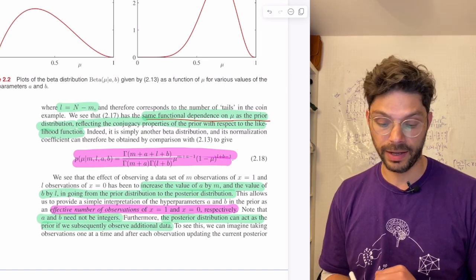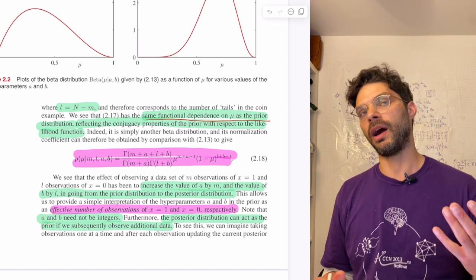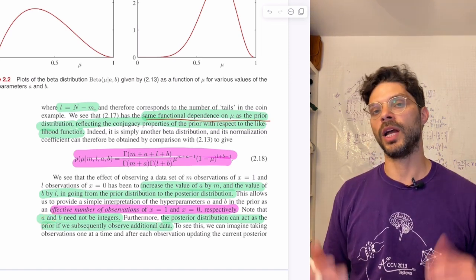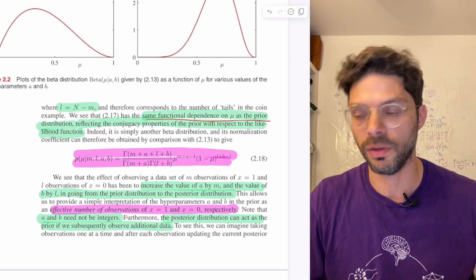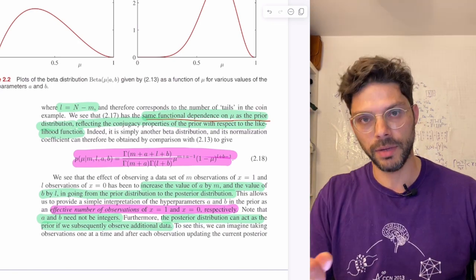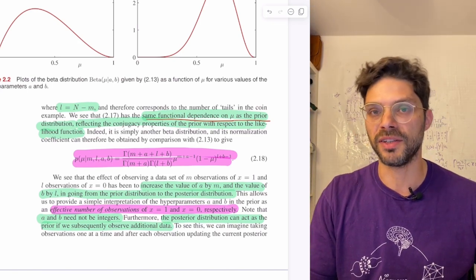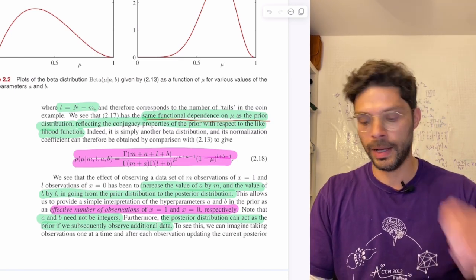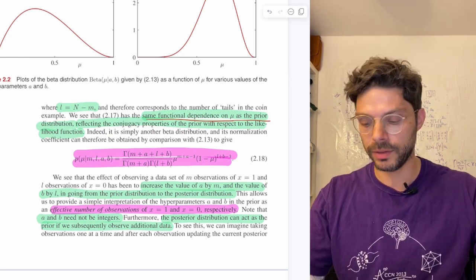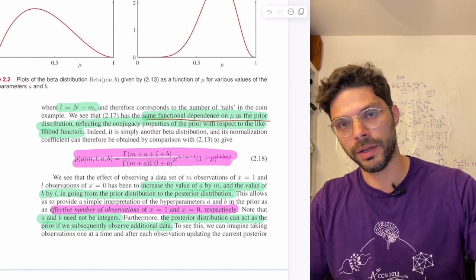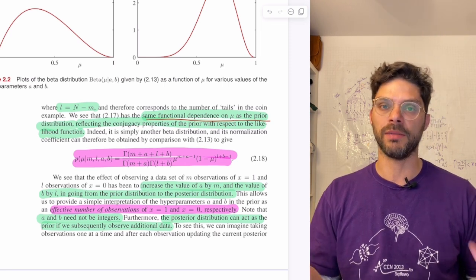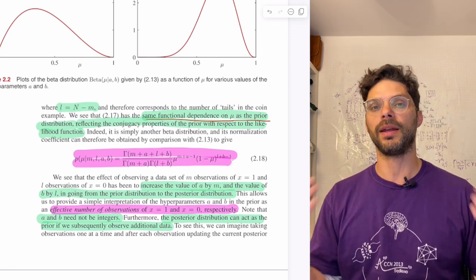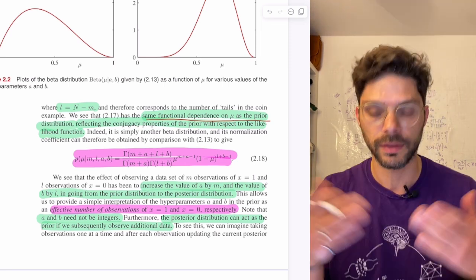So it's almost like the prior is, you can think of it as before you come into this maximum likelihood estimation procedure, how many coin tosses have you seen in, let's say, the last year, whatever, and a will be the number of heads, b will be the number of tails. So you've got some experience, and now you're going to update that experience with the results of this current data set that you're on.